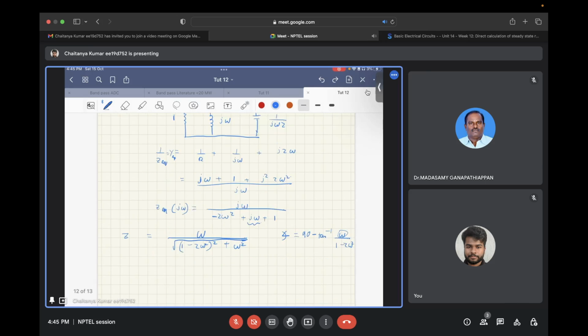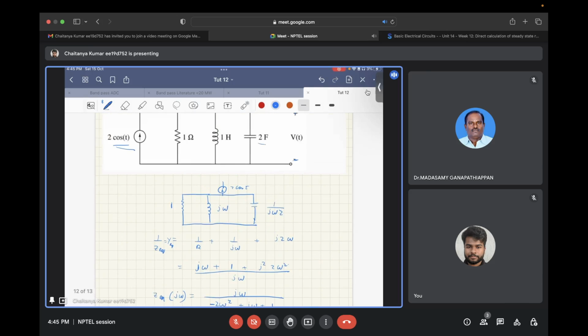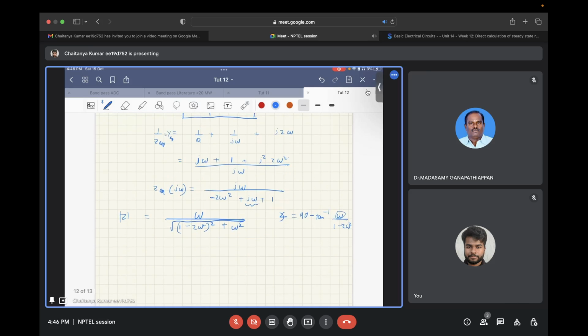Now from here, for the magnitude, we plug in the value of omega, that is equal to 1. So we have 1 divided by square root of 1 minus 2 whole squared plus 1, that is equal to 1 by square root of 2, and the phase is 90 minus tan inverse 1 by minus 1.